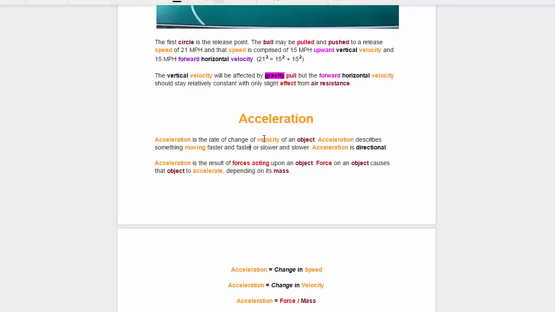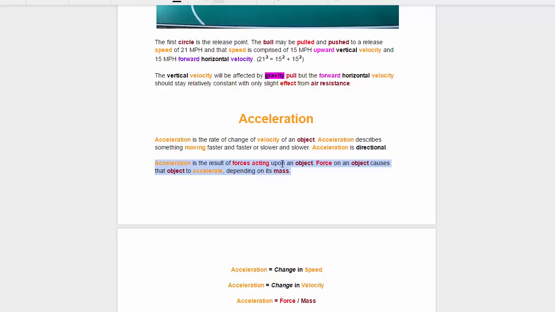If something is moving faster or moving slower, we can describe that as acceleration. Like velocity, acceleration is directional, which is a vector is the word for that, but directional works just fine to describe that. So acceleration is the result of red forces acting upon a dark red object.